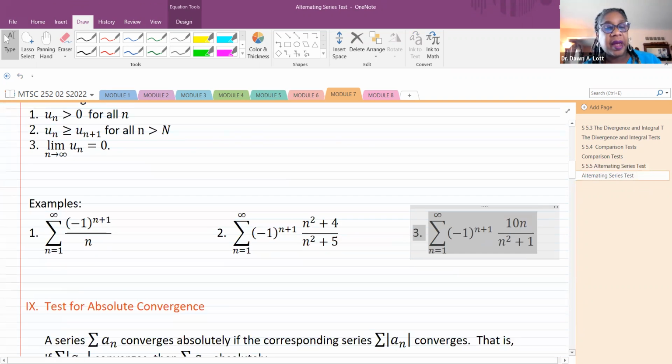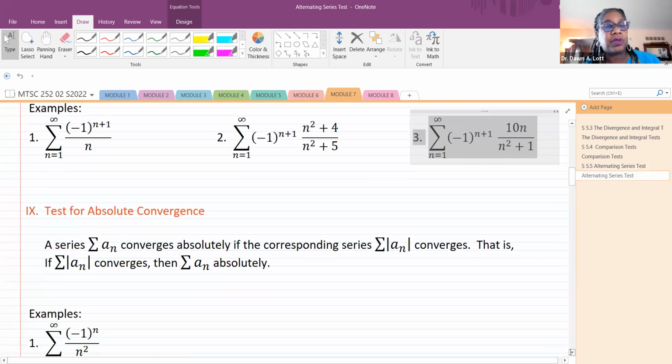All right, next we have the test for absolute convergence, which is test number 9.